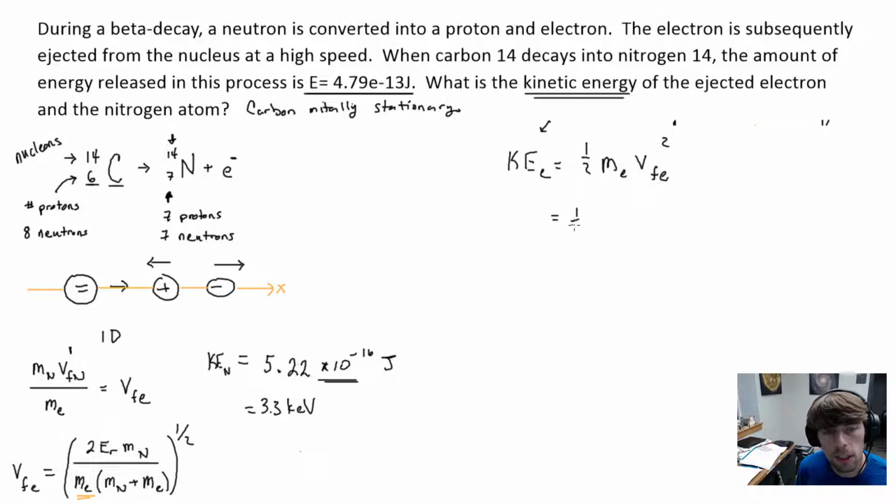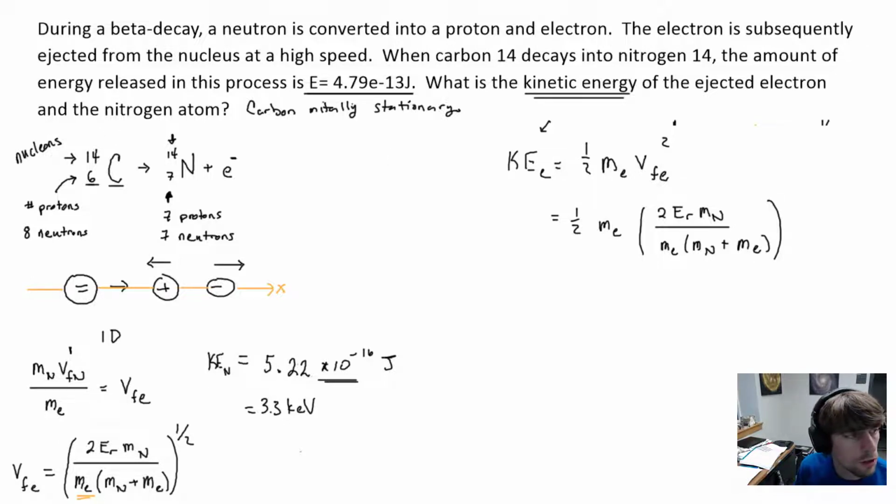And again, we play the same song and dance. Mass of the electron times 2 times the energy released, mass of the nitrogen, divided by mass of the electron, mass of the nitrogen, plus mass of the electron. And again, you say, oh, goody, goody. Those cancel. Oh, I'm sorry, these cancel too. And so we end up with a number.